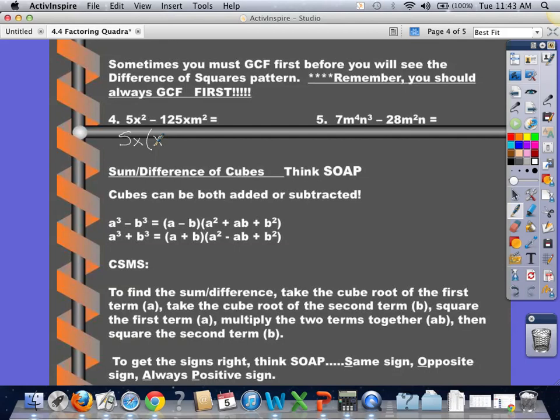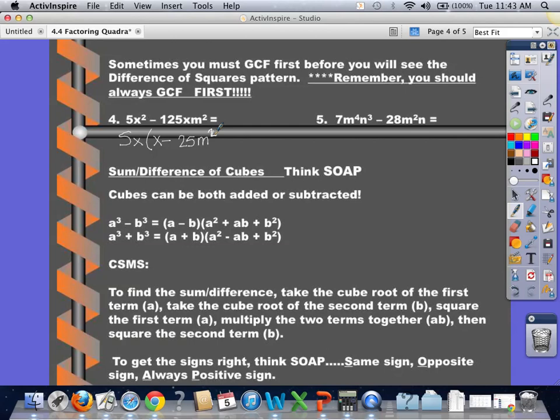5x squared minus, I think that should have been 25, but that's okay. Minus, and then 125 divided by 5 is going to be 25. And then m squared. I think this one probably was a typo, but we'll go with it right now.